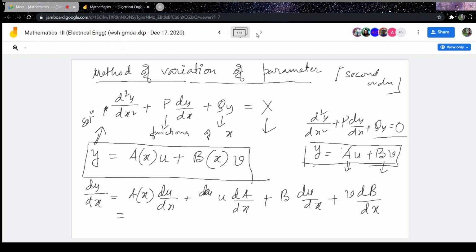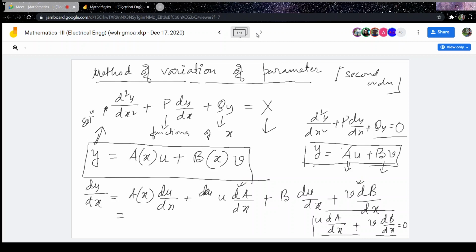So now we will find A and B. That means we will choose our A and B in such a way that this is 0. That means u dA/dx plus v dB/dx equals 0. We will choose our A and B such that this condition is satisfied, so that this term will vanish.